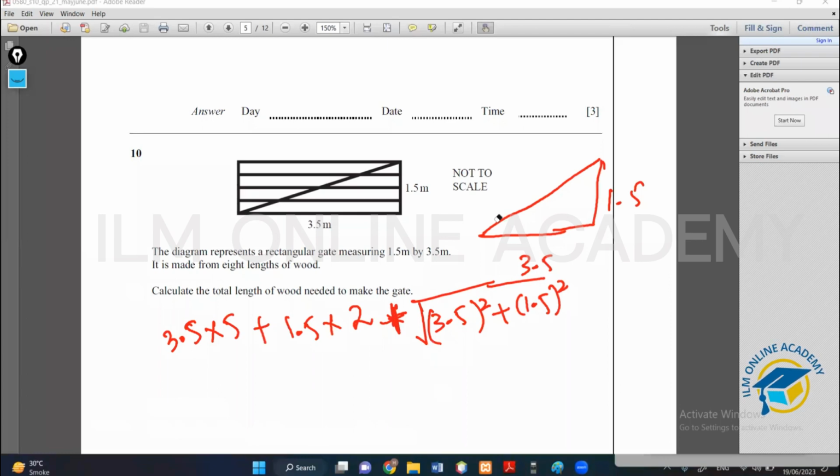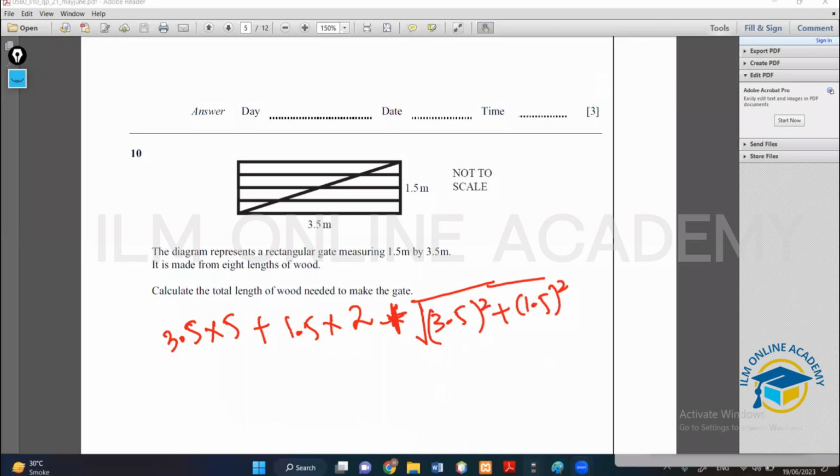So this is the thing: 3.5 multiplied by 5, plus 1.5 multiplied by 2, plus under root 3.5 squared plus 1.5 squared.